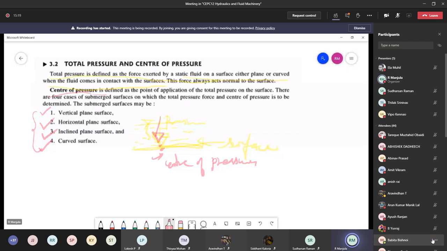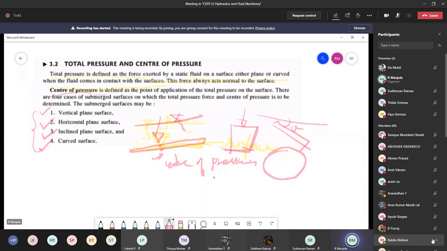This is horizontal. If it is vertical, it will be like this. If it is inclined, the surface is inclined with respect to inclination, and if it is curved, the surface will be curved, or it can be circular. So any type of these things could be used for these 4 categories. So this is what we are going to discuss next.